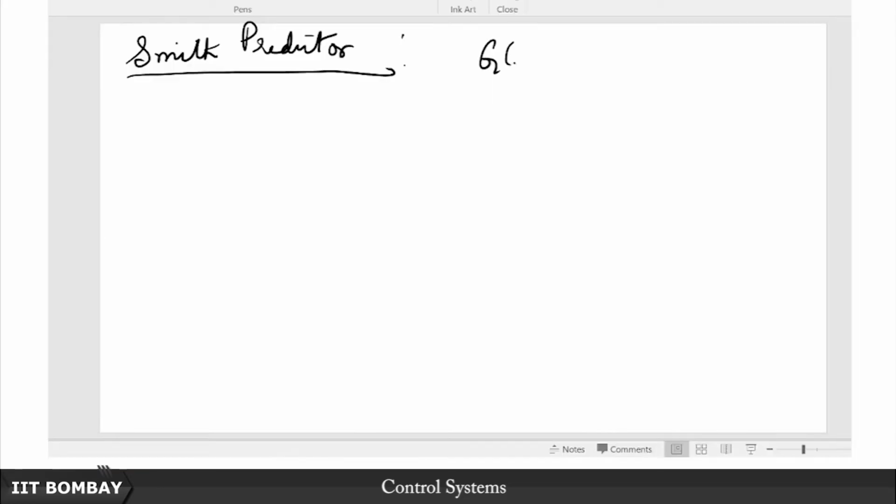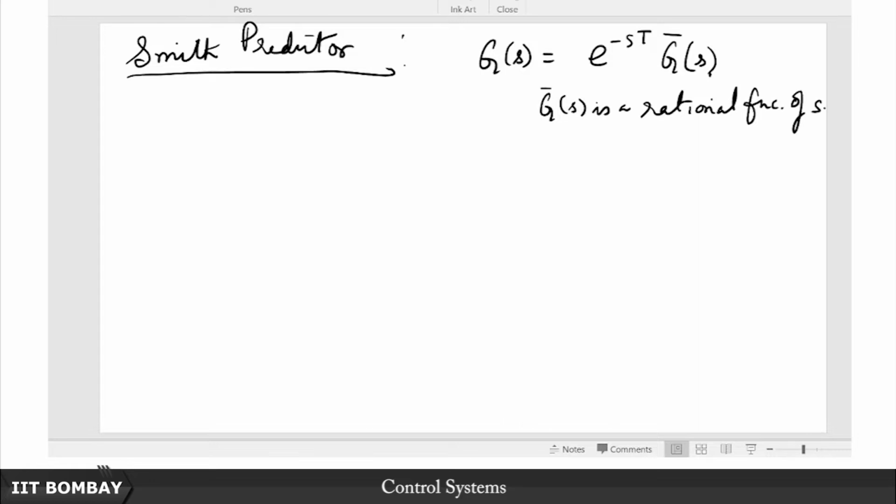So then G(s) will be something that looks like e to the minus sT times some G bar(s), where notice that G bar(s) is a rational function of s. So this is the plant. Suppose the plant or the system is given by this. This term comes in due to time delay.